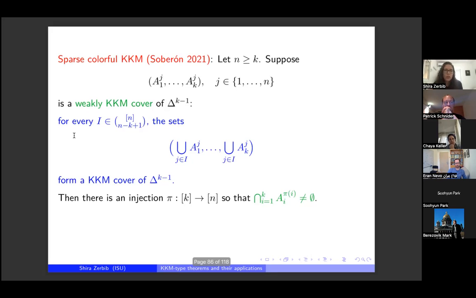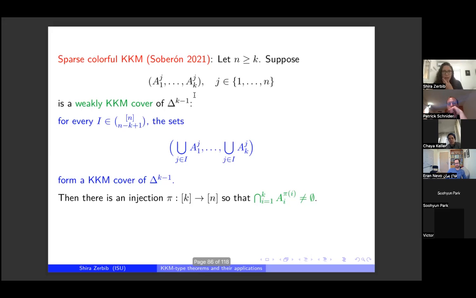And the condition is that every time we take an index set of size n minus k plus 1 among all those n integers, then the union of the corresponding sets forms a KKM cover of the k-1 dimensional simplex.